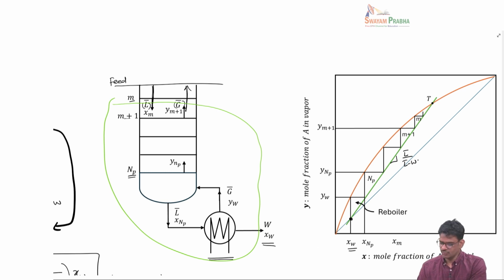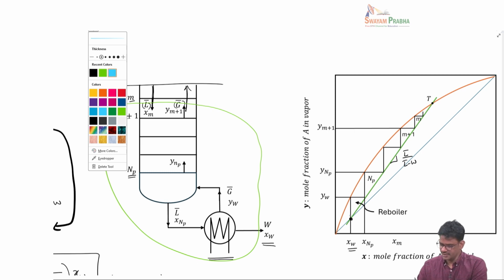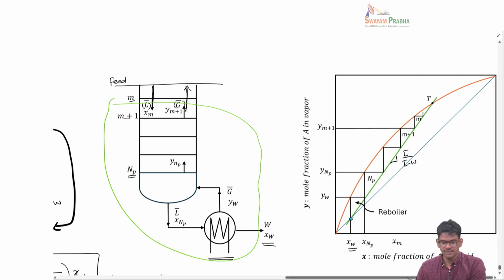So in this case, you would construct the staircase diagram from here: start from the 45-degree line at xW, go vertically to meet the equilibrium line, and then go horizontally to meet the operating line, and then you continue this. This way you will find the total number of theoretical stages for the exhausting section.